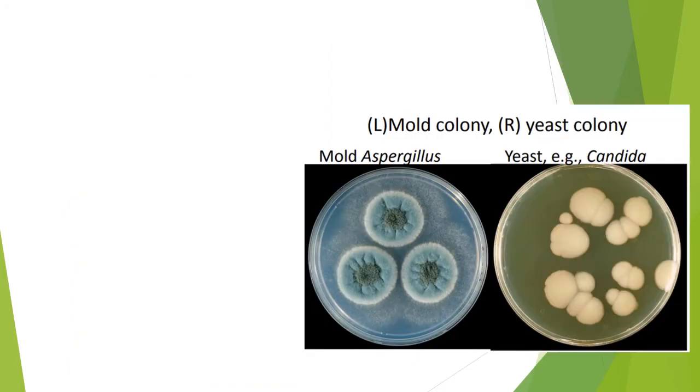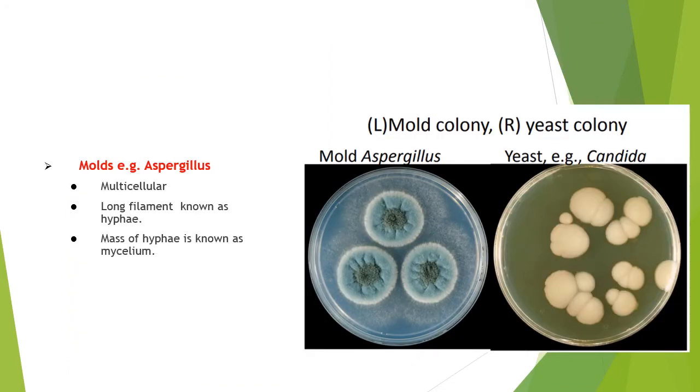Actually, fungi can exist in two different forms. They can exist as yeast or mold. Molds, as you can see from this picture, are multicellular, larger growing colonies. They have long filaments like hyphae, and sometimes they can form a mass of hyphae that we know as mycelium.